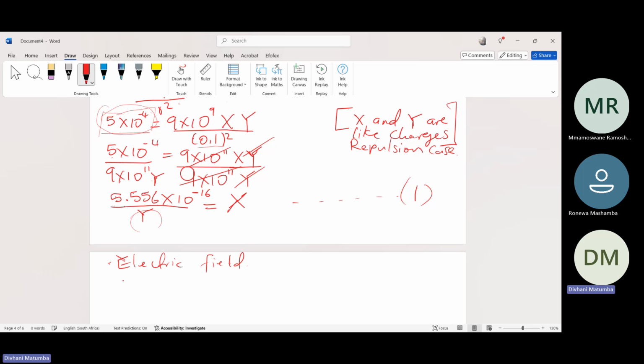We have been told that we know that the total electric field is given by the electric field produced by X plus the electric field produced by Y.